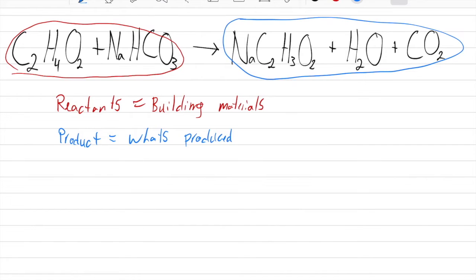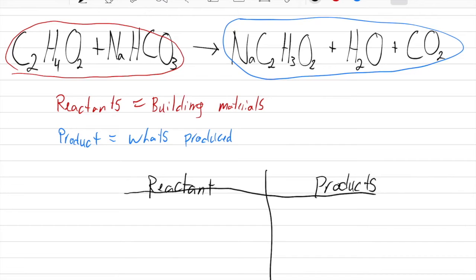In slide 4 of the assignment, it has a table. In that table, it's asking for the reactants and the products. That line's pretty bad. Let me redraw that line.